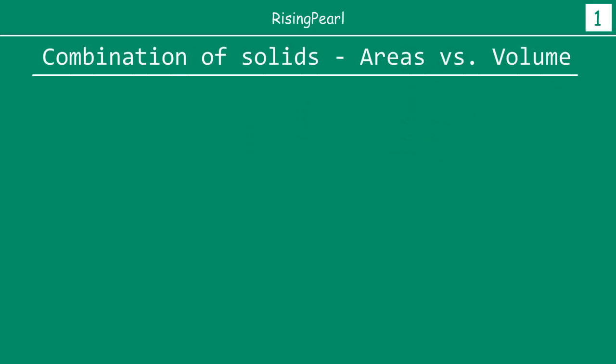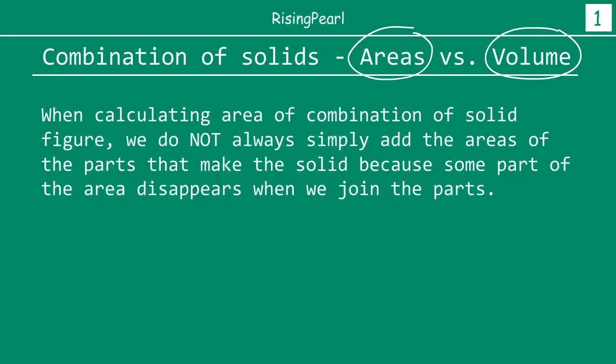We talked about this over and over again. Whenever you're dealing with a combination of solids, what is the fundamental difference between finding out the area and finding out their volume? Whenever you are calculating the area of a combination of solid figure, we do not always just add the areas of the parts that make up the solid. Why don't we simply add all the areas together?